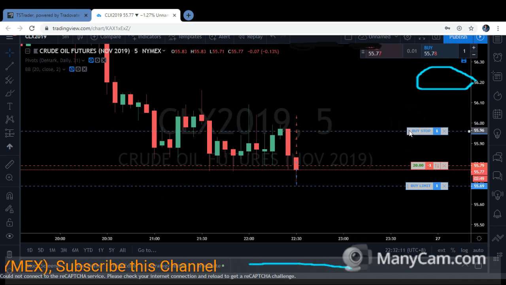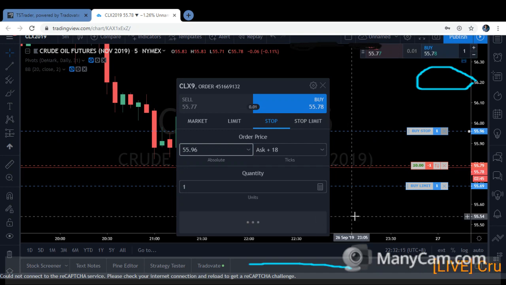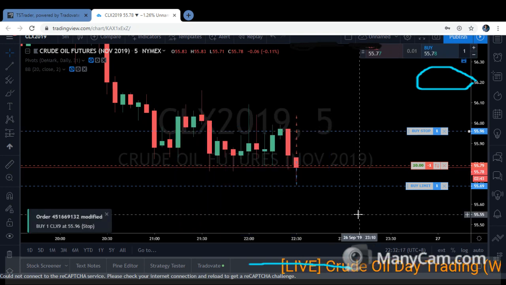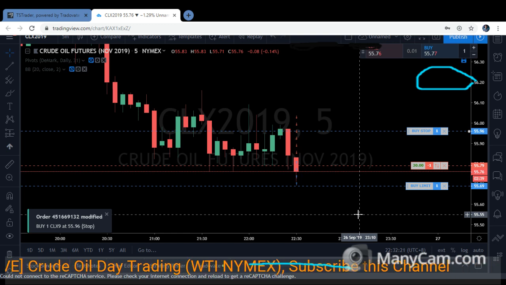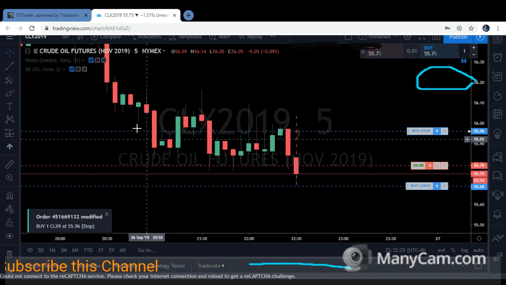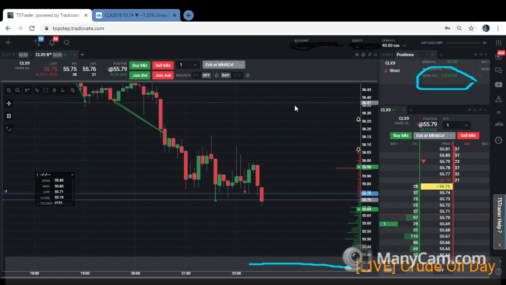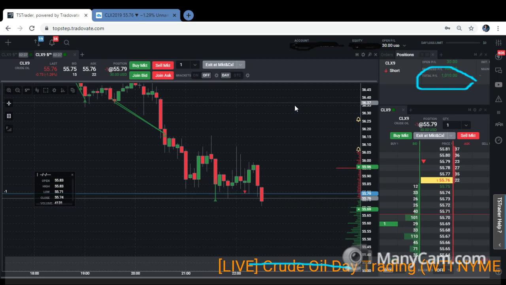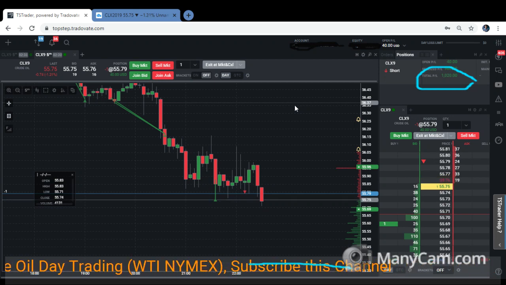By the way, you can move my stop loss to the nearest high, which is quite important to protect some profit. We are back at 46. Let's take a look at our chart. Okay, any moment it will blow further down. 6 ticks to go.